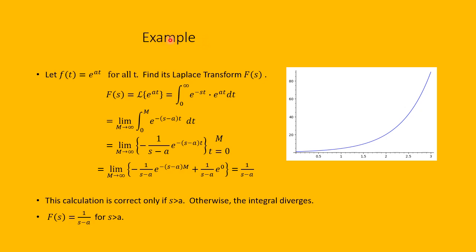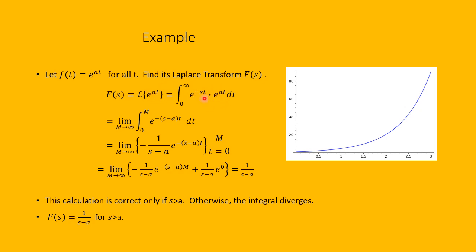Here's another example. Let f of t equal e to the at for all t. Let's find its Laplace transform, capital F of s. So capital F of s is the Laplace transform of e to the at, and by definition, this is the integral from 0 to infinity e to the minus st times this function e to the at dt.